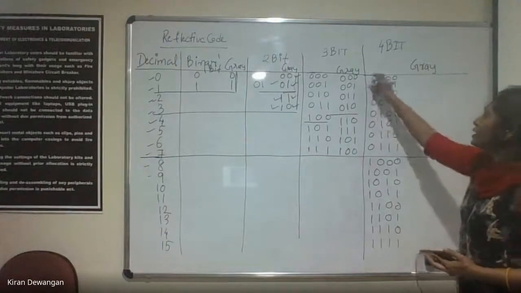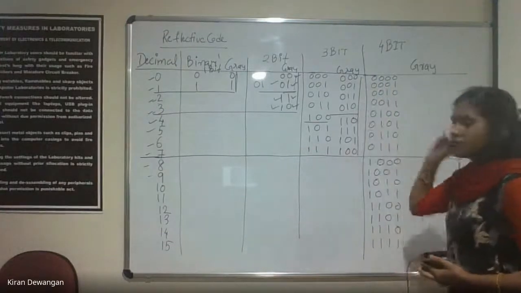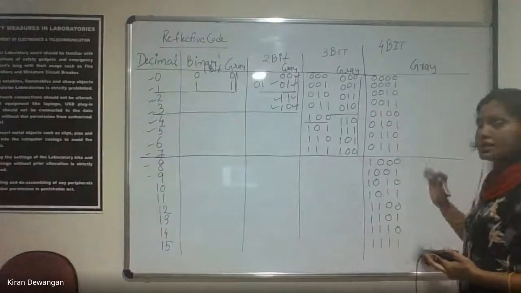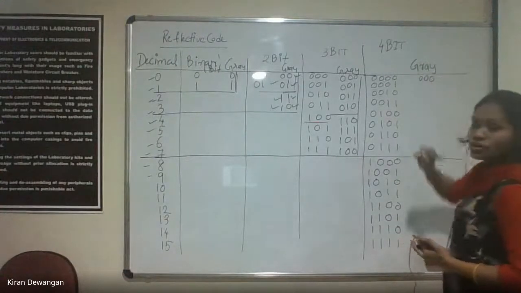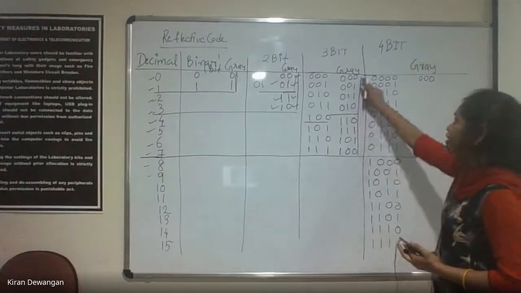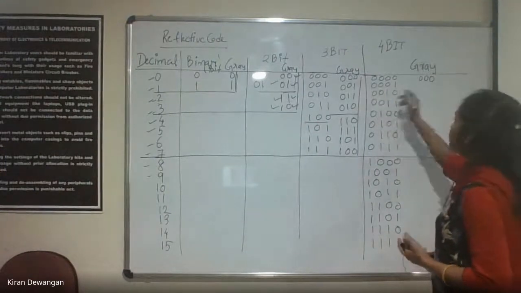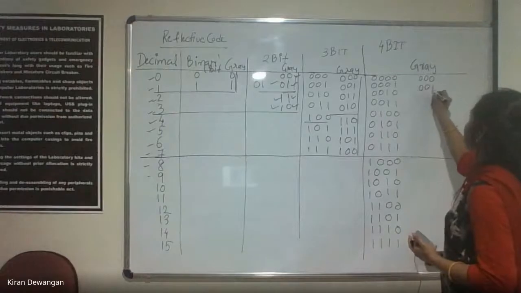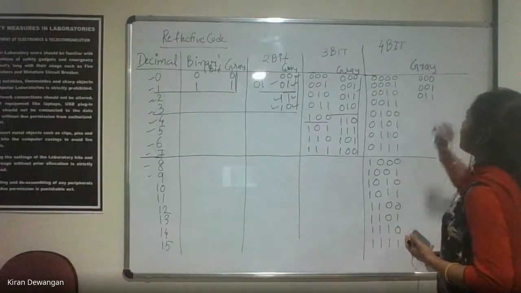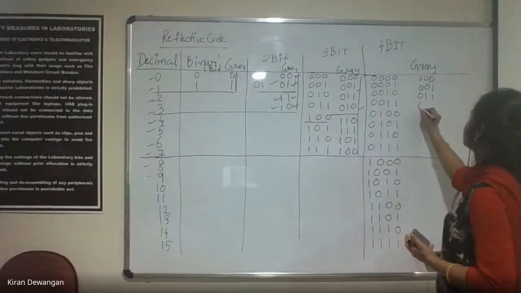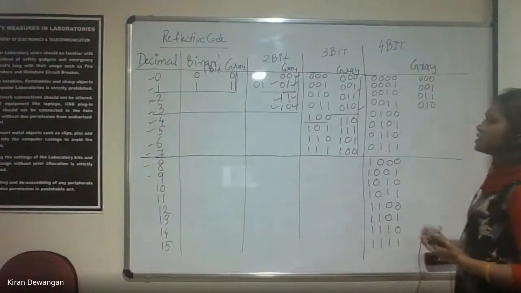What do we have to do? We'll have to write these 3-bit codes as it is. Initially it is 0, 0, 0. Then we have 0, 0, 1. This one 0, 1, 1. Then this one is 0, 1, 0.